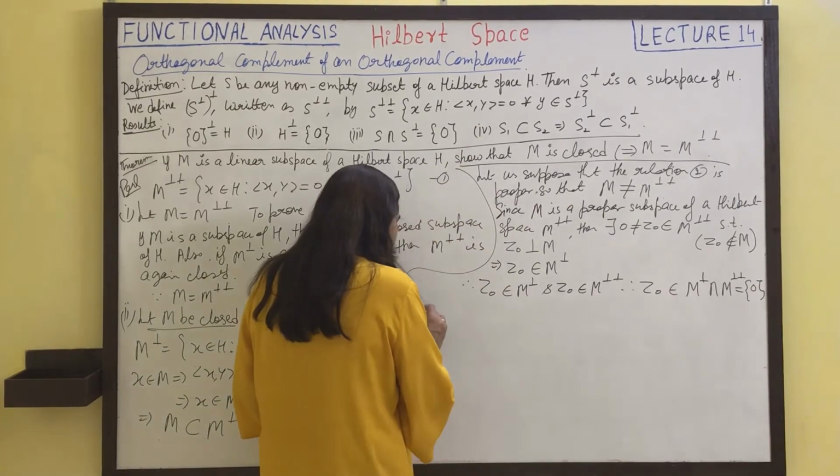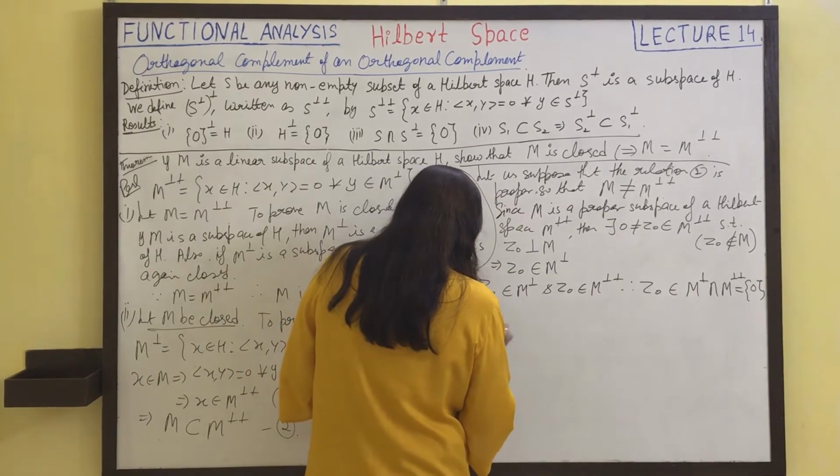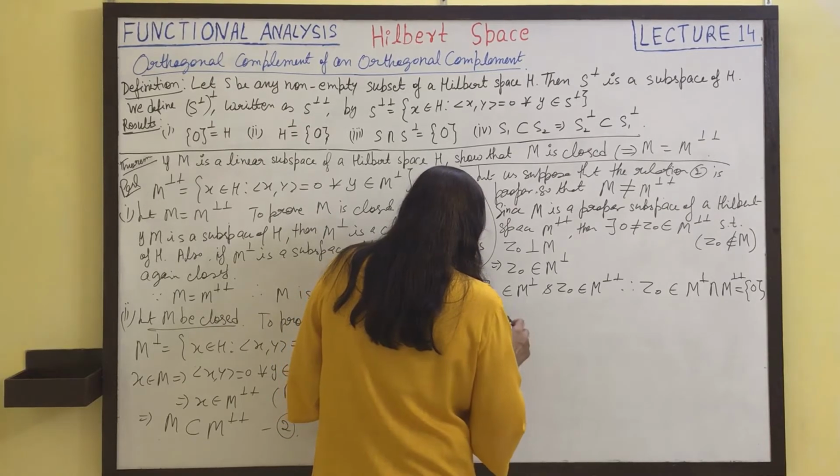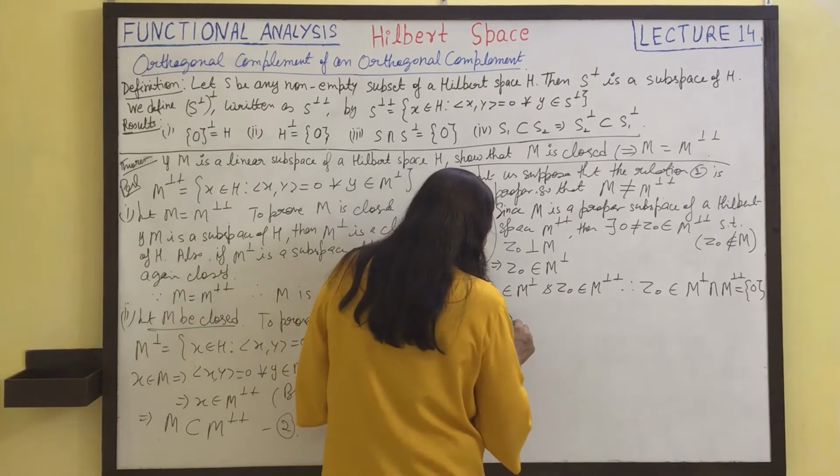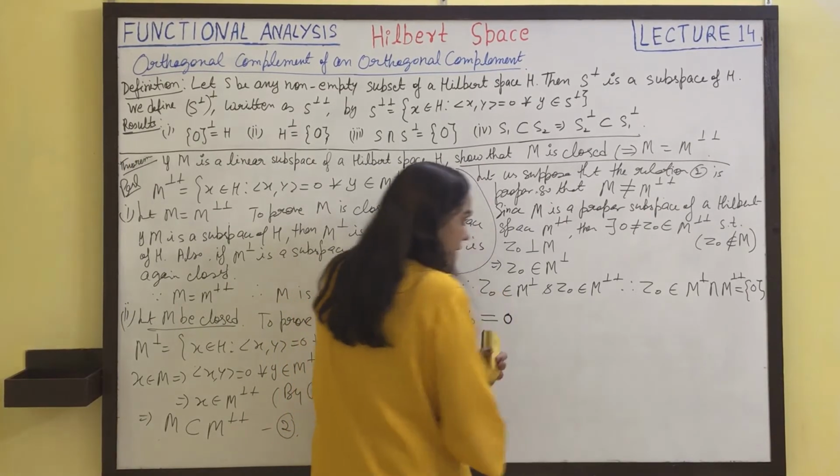Therefore, Z0 must be equal to the zero vector.